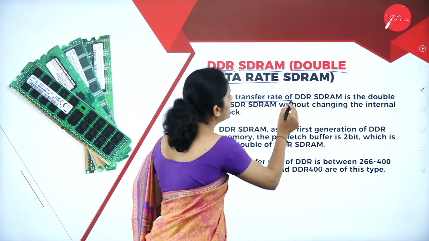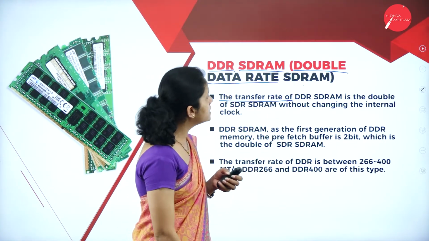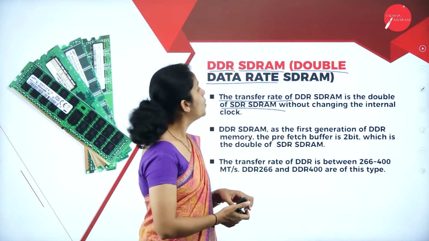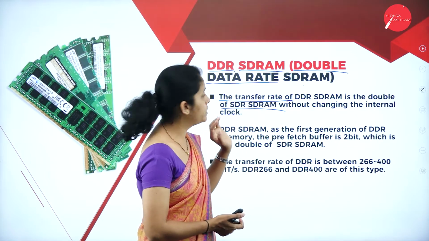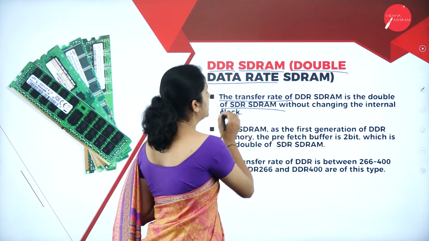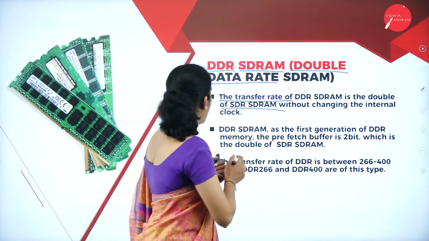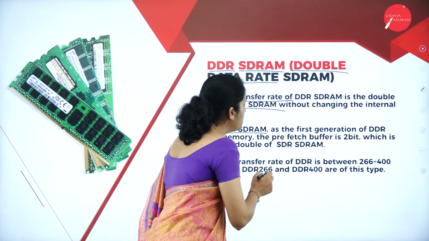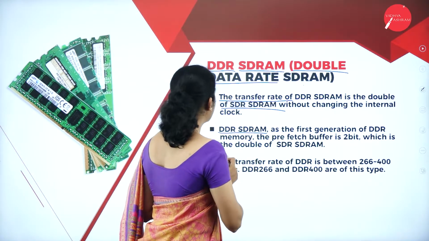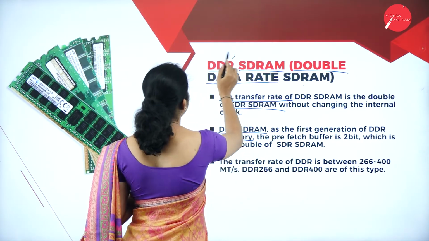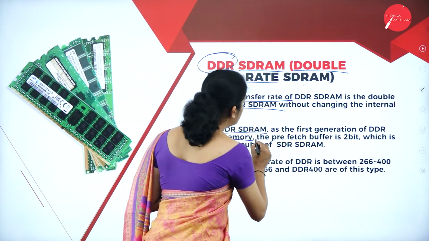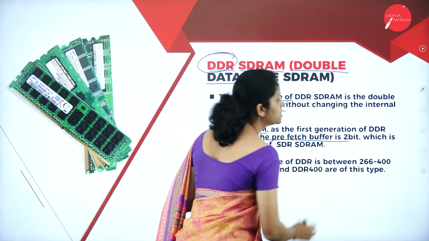The transfer rate of DDR SDRAM is double that of SDR. That means whatever data transfer rate we are going to have, that is double when compared to SDR SDRAM. And DDR SDRAM is the first generation of double data rate memory. That means this is the first memory chip we are going to have, and the prefetch buffer is 2 bit.